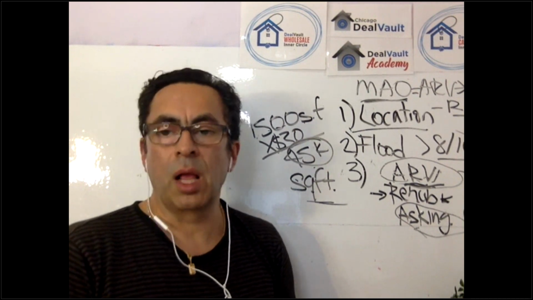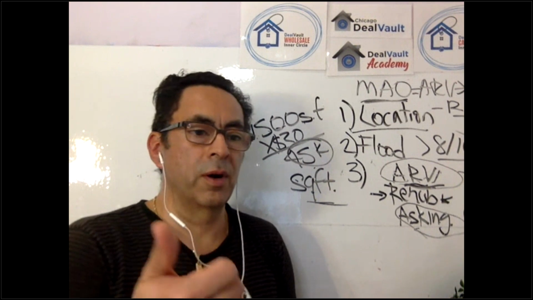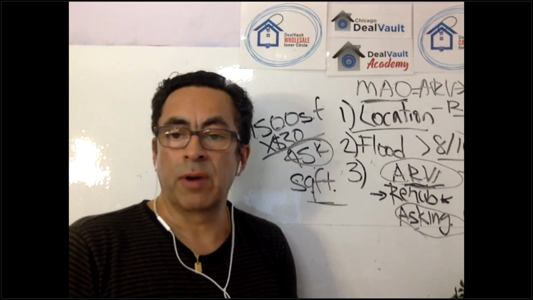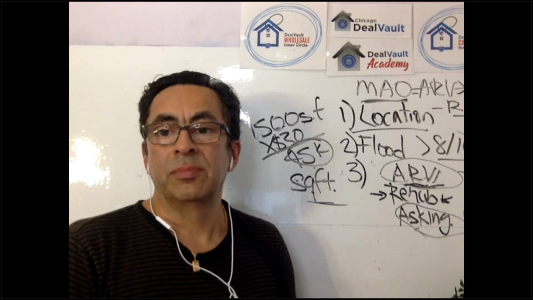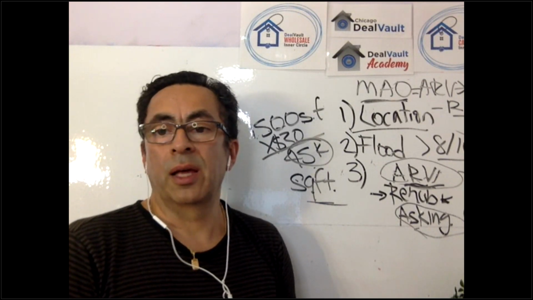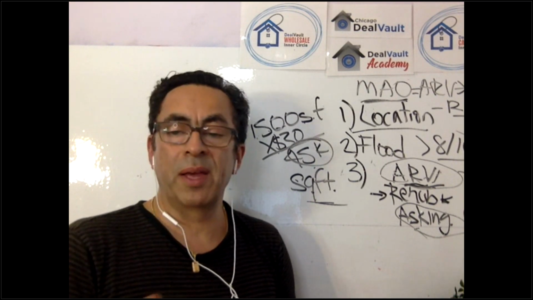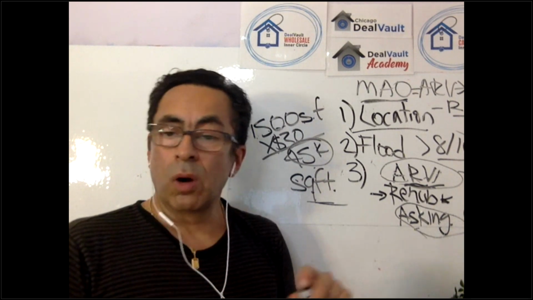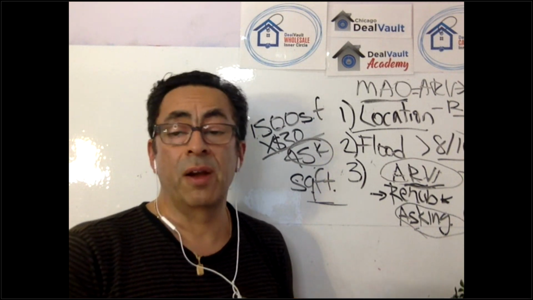Just appliances themselves are about 5,000 for the microwave, the stove, the fridge, the dishwasher. Right there, $5,000. Okay, so plus paint, we're looking at anywhere between 3,500 to 5,000. So right there between appliances and paint, 10,000. Anything else that you work on, you're going to easily hit 15 to 20,000 on a very light rehab.